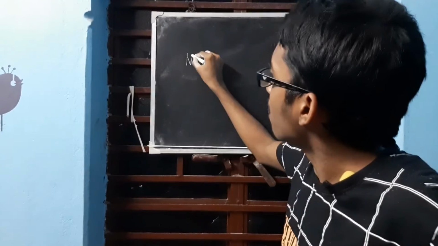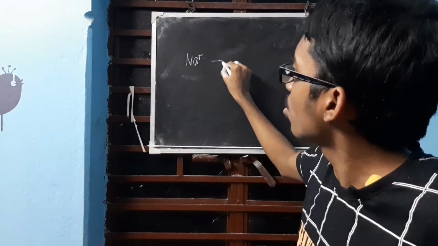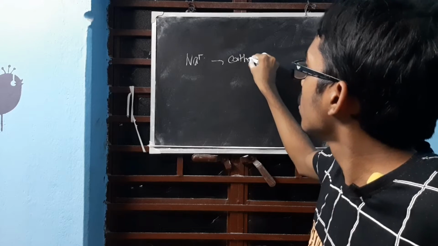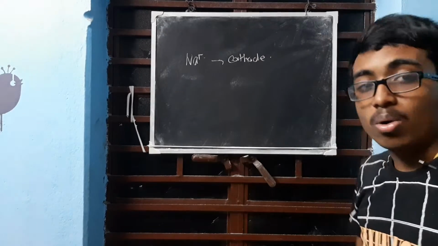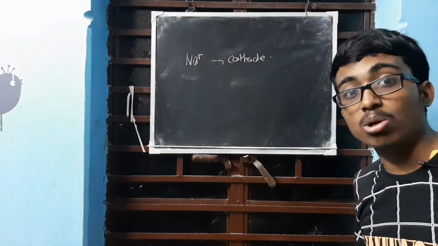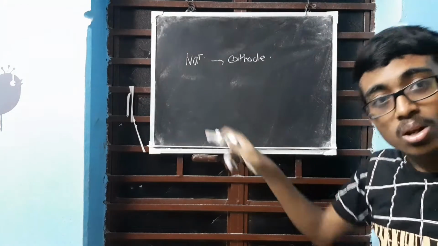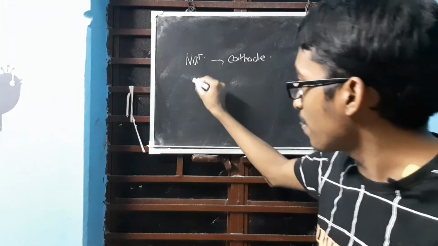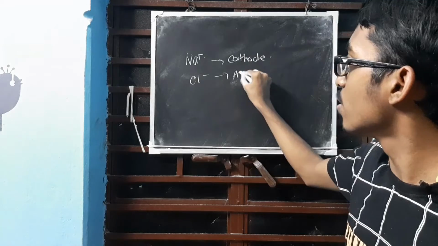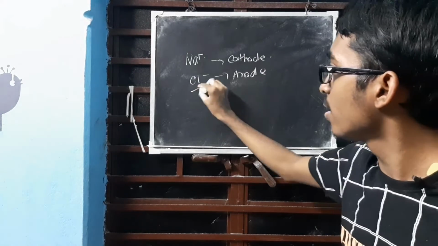Okay. Now another thing you have to remember. Suppose sodium, positive charge, so going to cathode. Okay. Sodium will go to cathode. So metal, cathode. Suppose it is Cl minus, anode. So non-metal, anode.